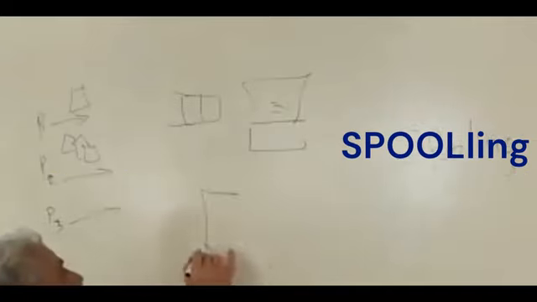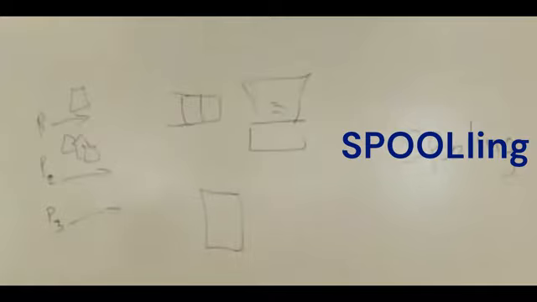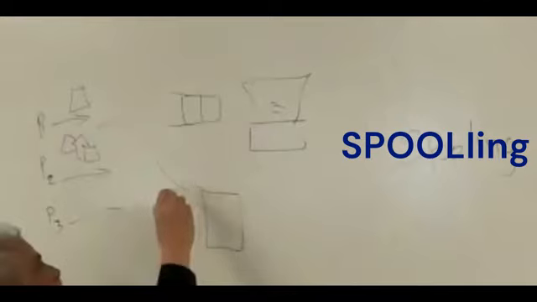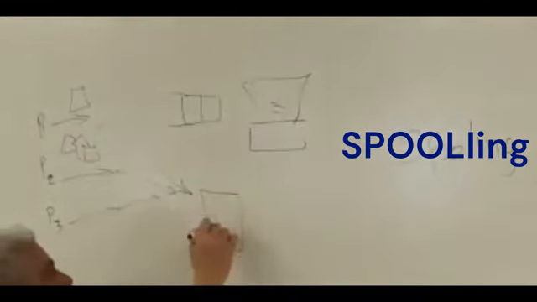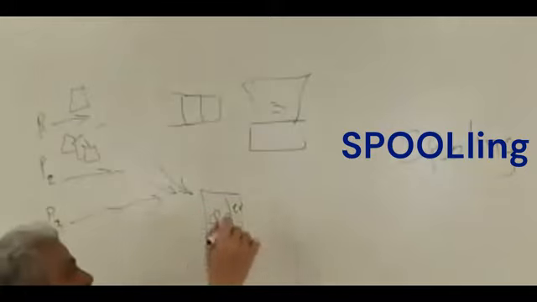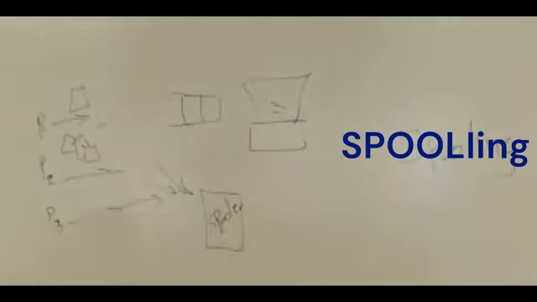Spooling is a program that will manage the printing. So your request does not go to the printer, it goes to this process that we call the spooler. This is the one that will manage the printer, basically. Anytime you send a request, you don't have to wait.